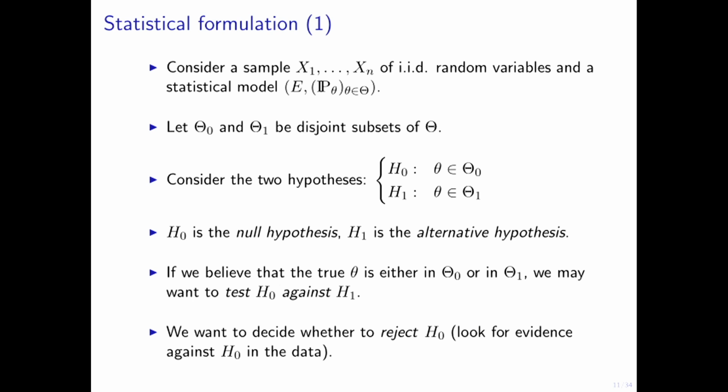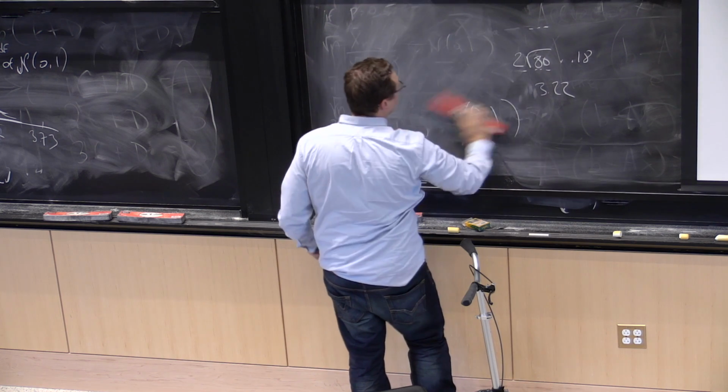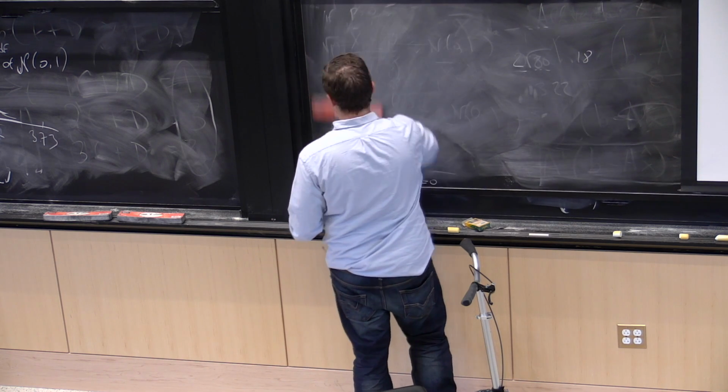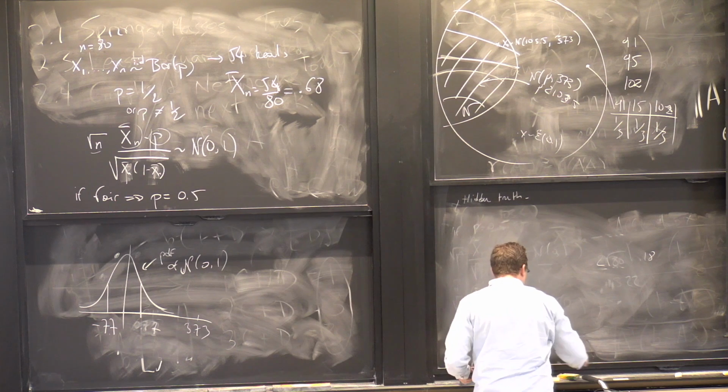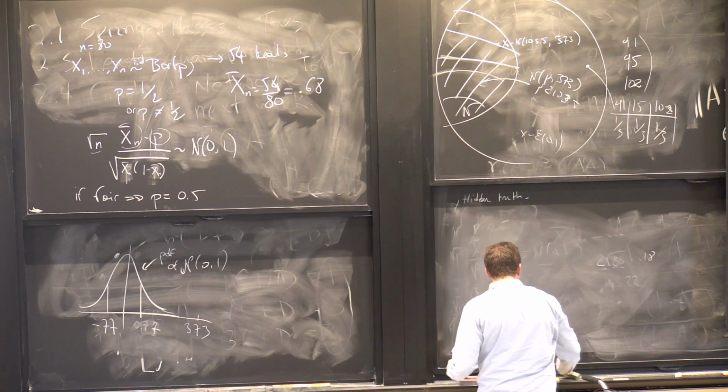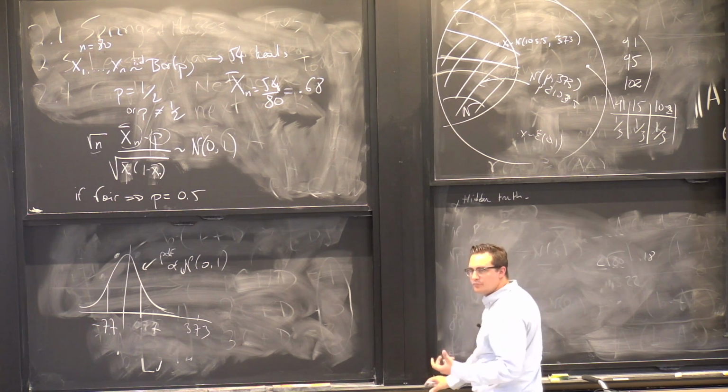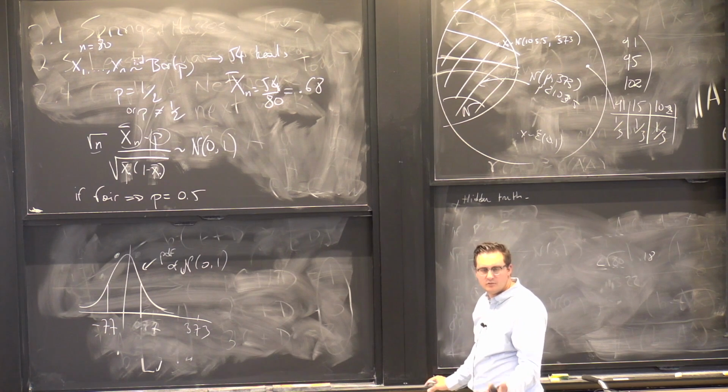So when I start doing mathematics, I'm going to have to talk about random variables and statistical models. And here there's actually a very simple thing, which goes back to this picture: a test is really asking me whether my parameter is in some region of the parameter set or another region.